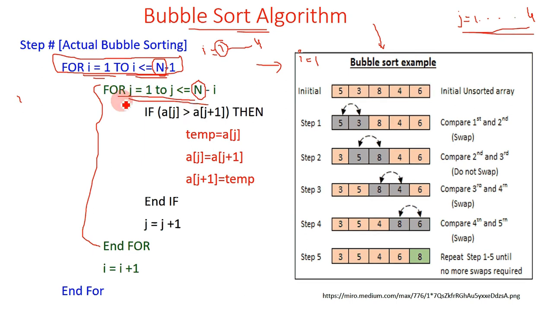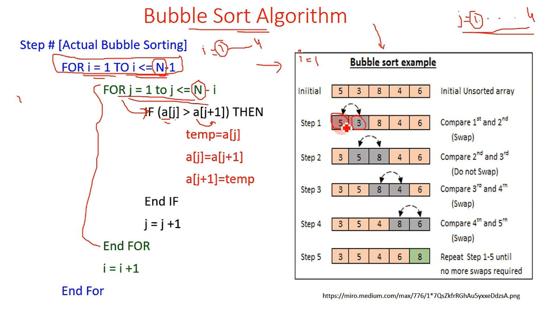The control will go to this if statement. If array of j, which holds the value at the first location of array A, is greater than the value at j plus 1, the second location, the first value will be compared with the second location.